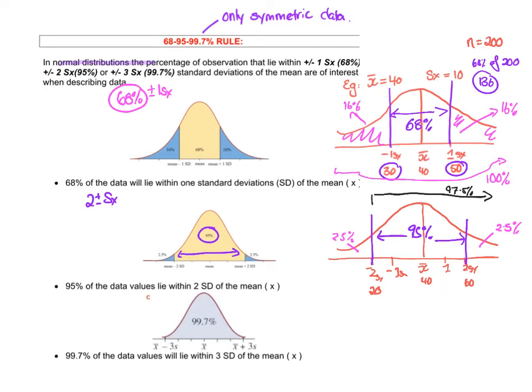And the very last one is plus or minus 3 standard deviations. And when you go plus or minus 3 standard deviations, you have 99.7% of the data. Now, that is very close to 100%, isn't it? So when you go plus or minus 3 standard deviations, you can roughly say you have all the data.